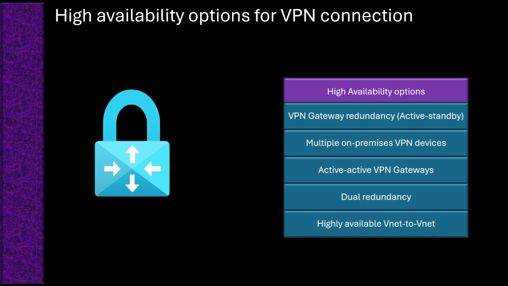Azure offers multiple high availability options for VPN connections to ensure continuous, reliable connectivity between Azure and on-premises networks or between Azure regions.